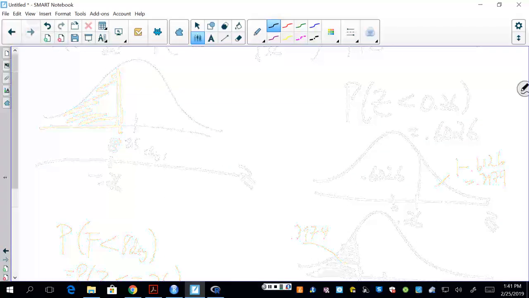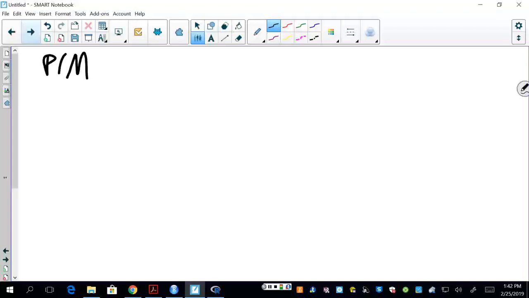We could ask another question. What's the chance that a male cockroach lives less than 5 days? Write down what you'll have for the formula for the z-score, maybe draw a picture.